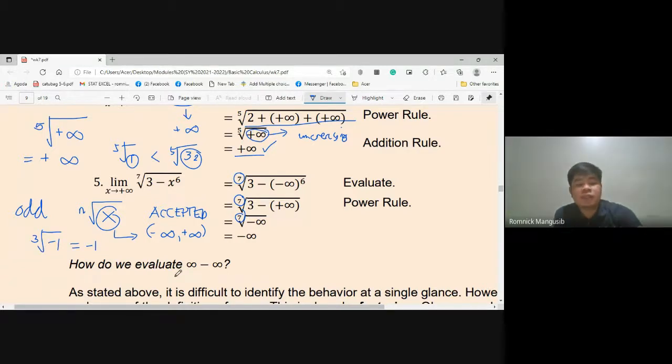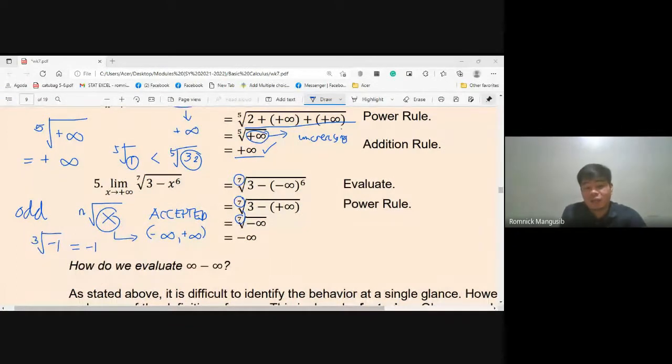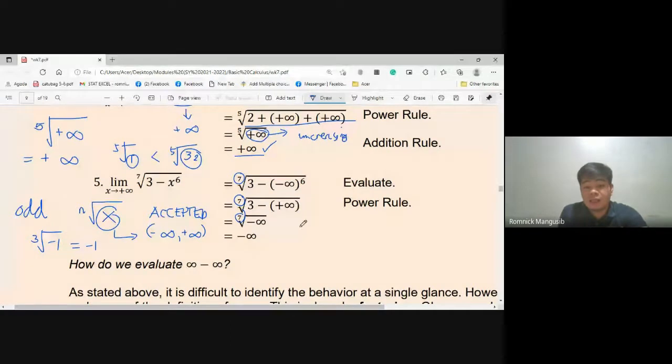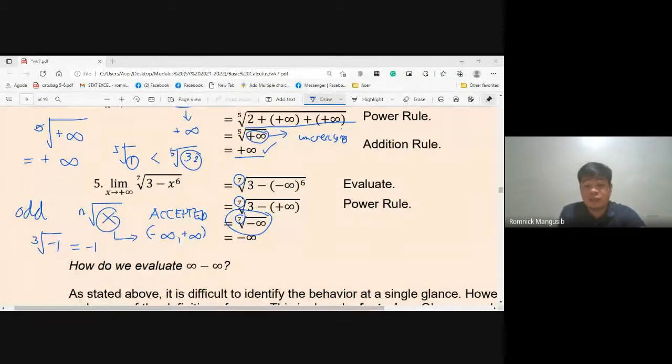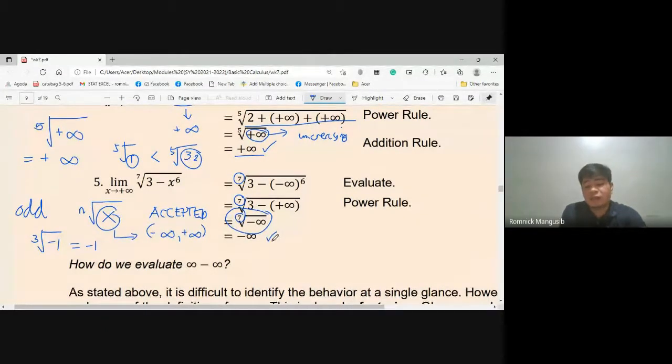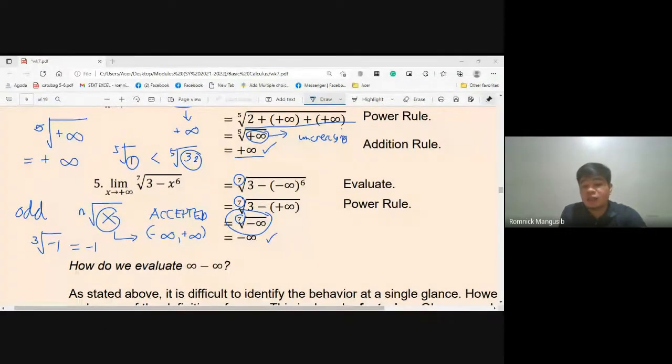So ano man ang gamitin mo, radicand, kapag ang n index mo ay odd number, ay tatanggapin niya. Kaya nga ang nangyari dito, class, 7th root ng isang decreasing radicand ay decreasing din. Okay? Dahil ang range ng isang radical function where n is an odd is the set of all real numbers. Walang restrictions sa kanya. Okay? So parang at the same time, parang nire-review din natin yung GenMat nyo na radical functions.